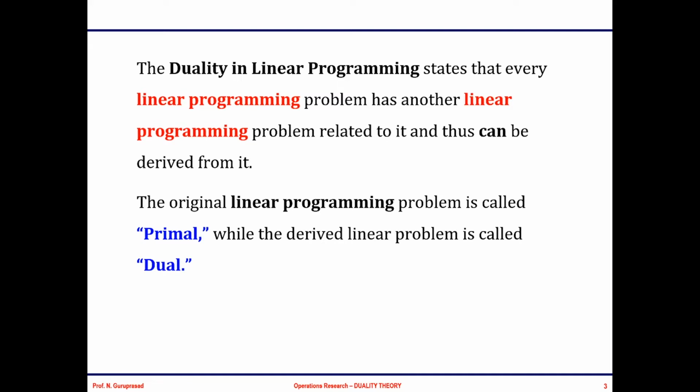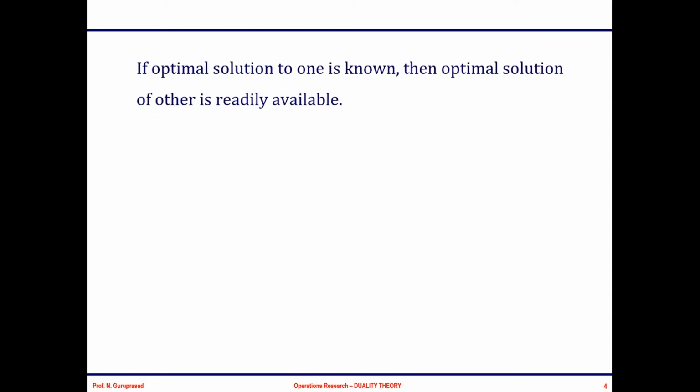Now, if this happens, the original linear programming problem is called the primal, while the derived one is called the dual. So we have a primal linear problem and a dual linear problem. Now, if the optimal solution to one is known, then the optimal solution of the other one is readily available. So we have the primal problem and we have its duplicate version, what is called the dual problem.